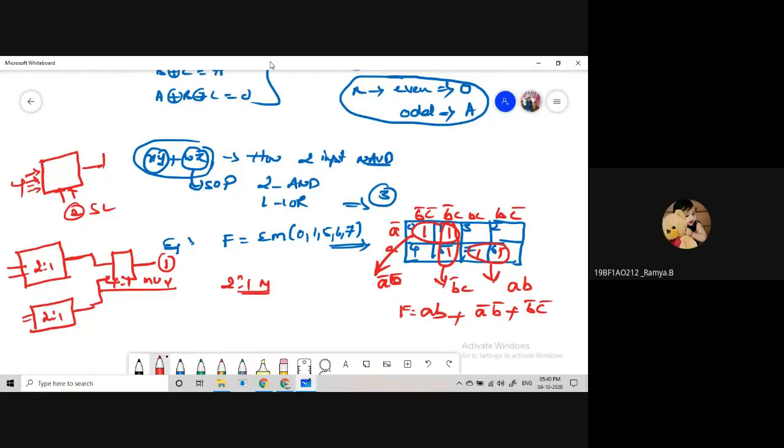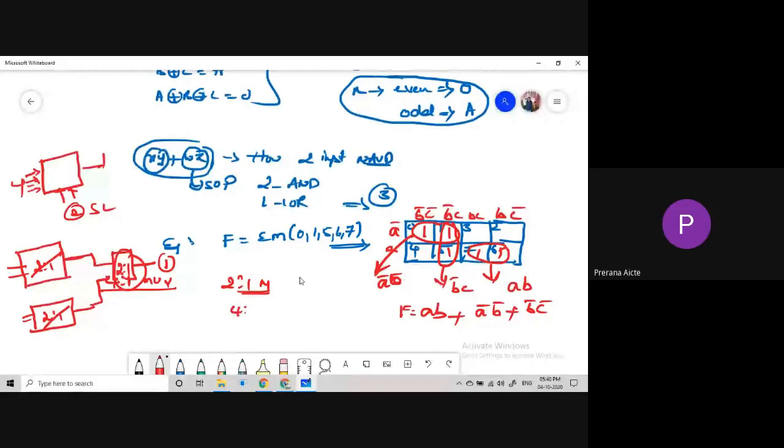Three. This one is one multiplexer, this one is one, and this is also a 2:1 multiplexer, right? Yes, sir. So the question is to construct a 4:1 multiplexer.